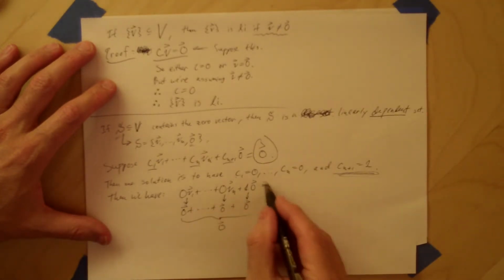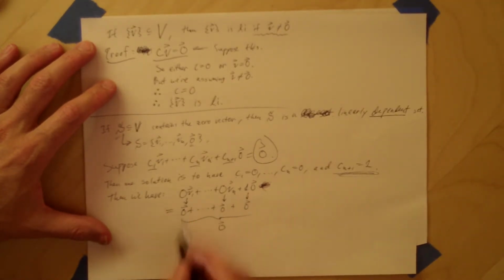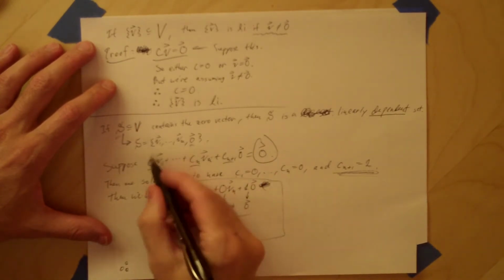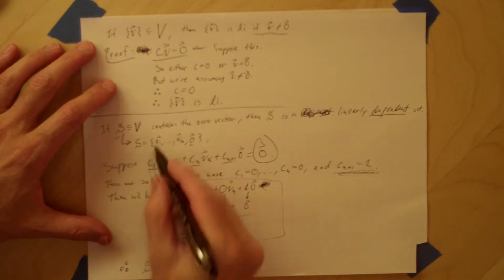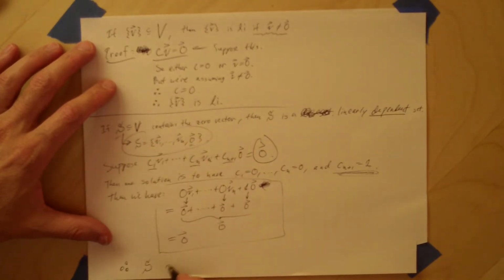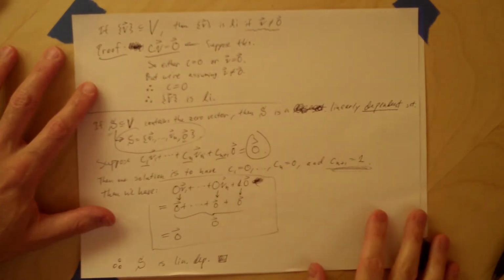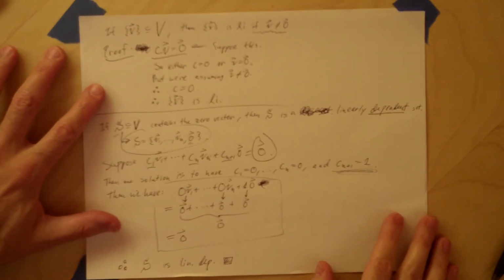So this equals the 0 vector. Therefore, the set S is linearly dependent. These are just some things that are good to know.